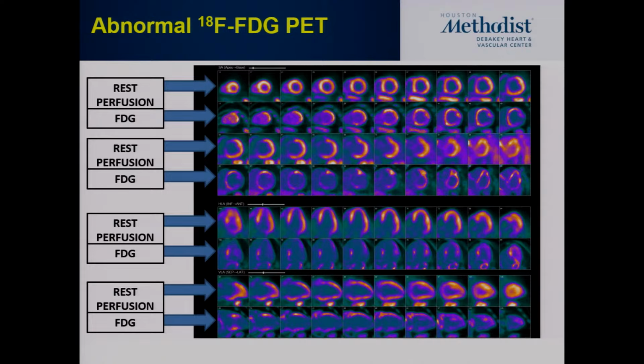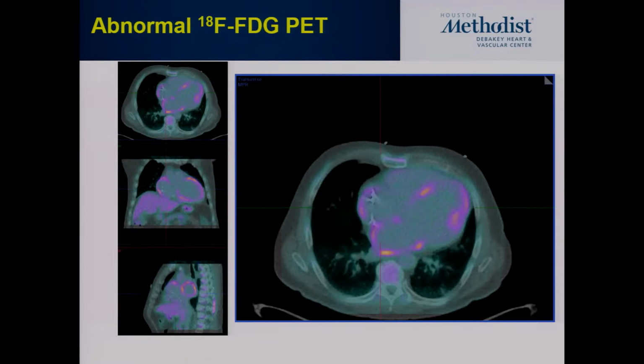But then when I did the inflammation imaging, I see a lot of inflammation in that area. So this pattern is the most accurate one for assessment of inflammation in the heart. You can see a perfusion defect, and in the same area, a mirror image of that missing area, you see FDG uptake there. And we can look at it in fusion.